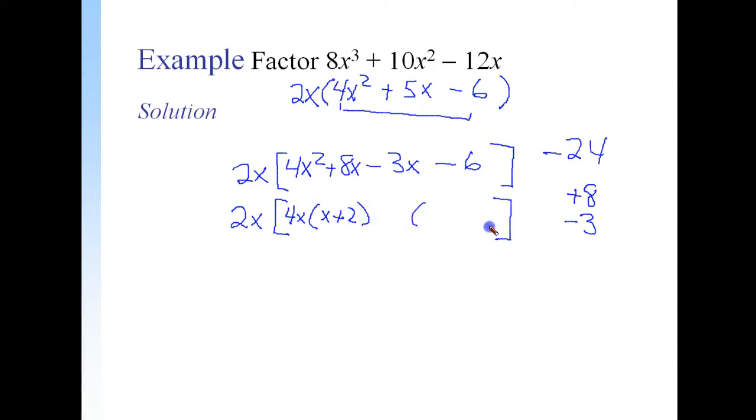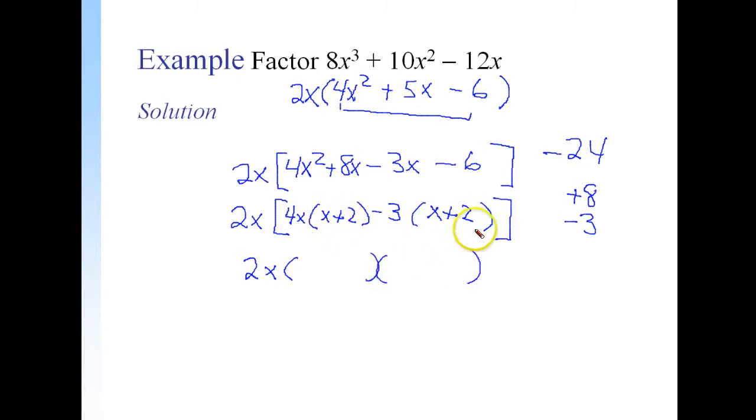Now here we need an x plus 2, and we have a negative and a negative. So we're going to factor out a -3, and that reverses the signs, and we get what we're looking for. So now we're going to get a 2x out there, and I really don't need the brackets anymore.